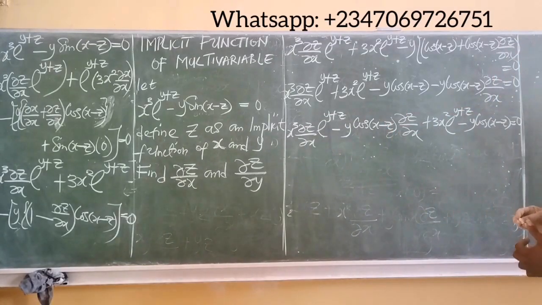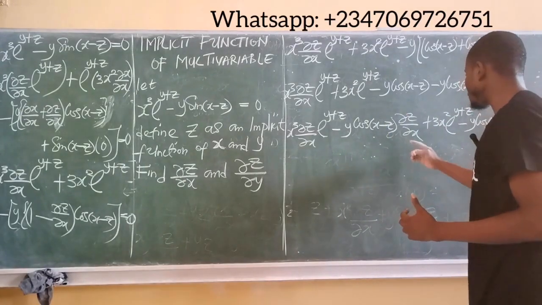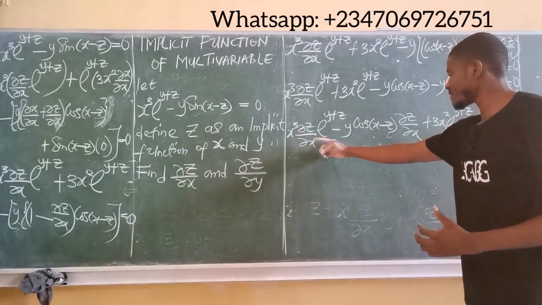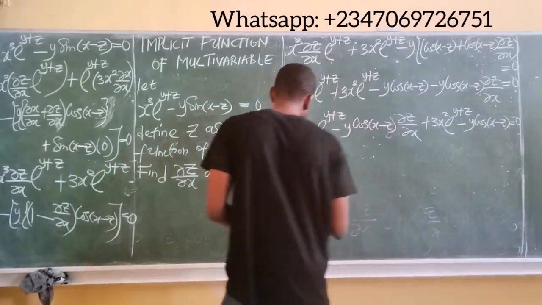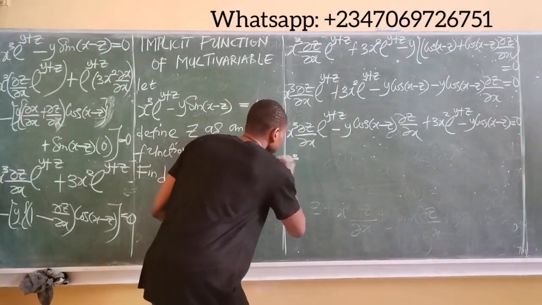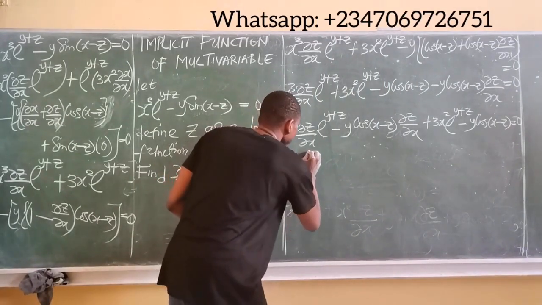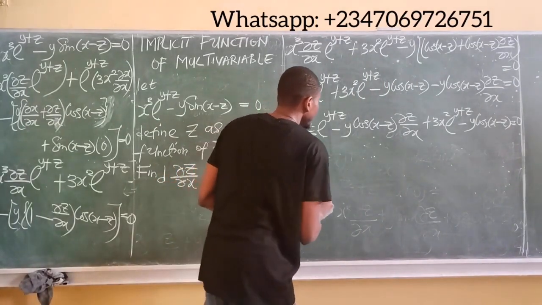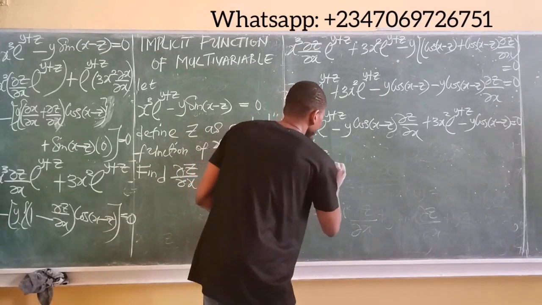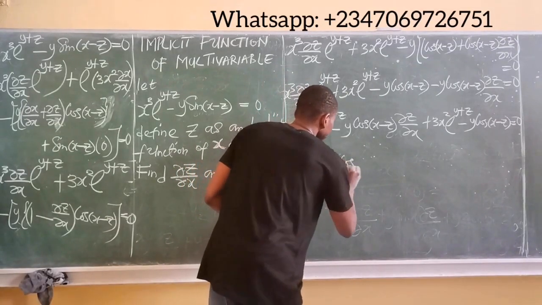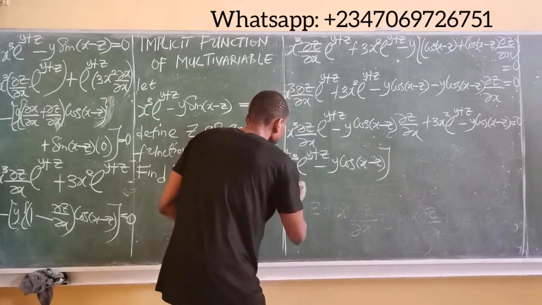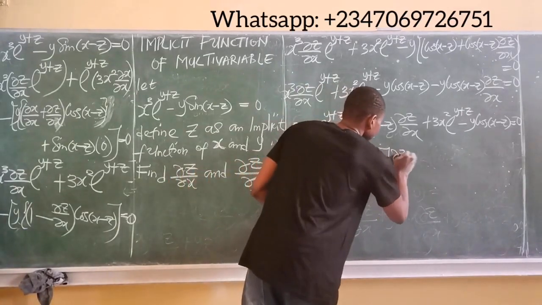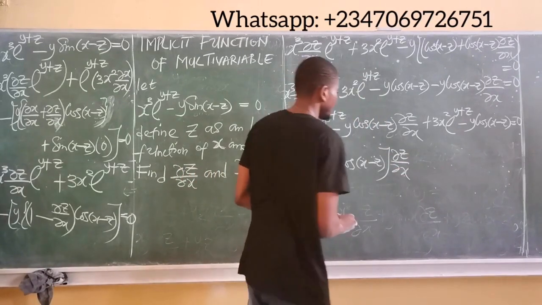So I have this. At this point, all I will simply do is factor out partial z partial x, since it is common between these two. Factor it out. I will simply have x cubed exponential y plus z minus y cos x minus z, all into partial z all over partial x.